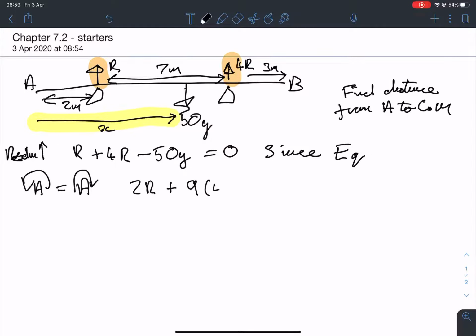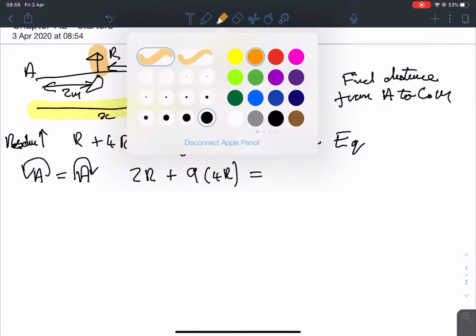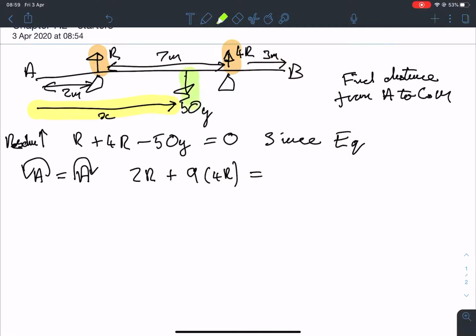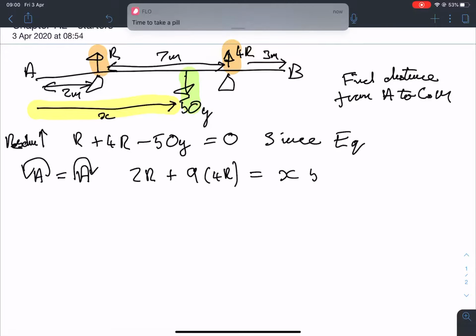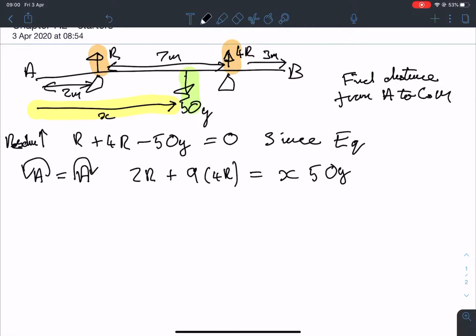R and 4R are acting anti-clockwise, so we get 2R plus, and just be careful here, it's the total distance, so it's 2 plus 7 is 9 lots of 4R, is equal to, in the anti-clockwise direction, the weight.